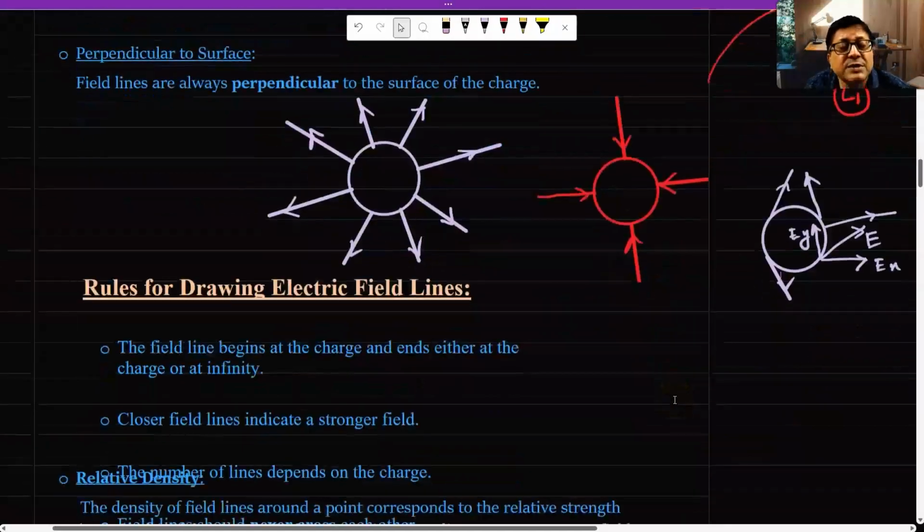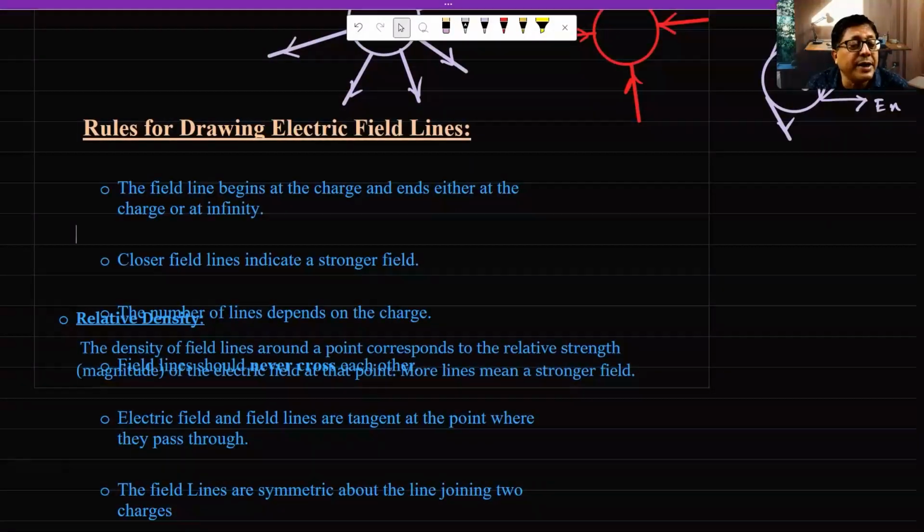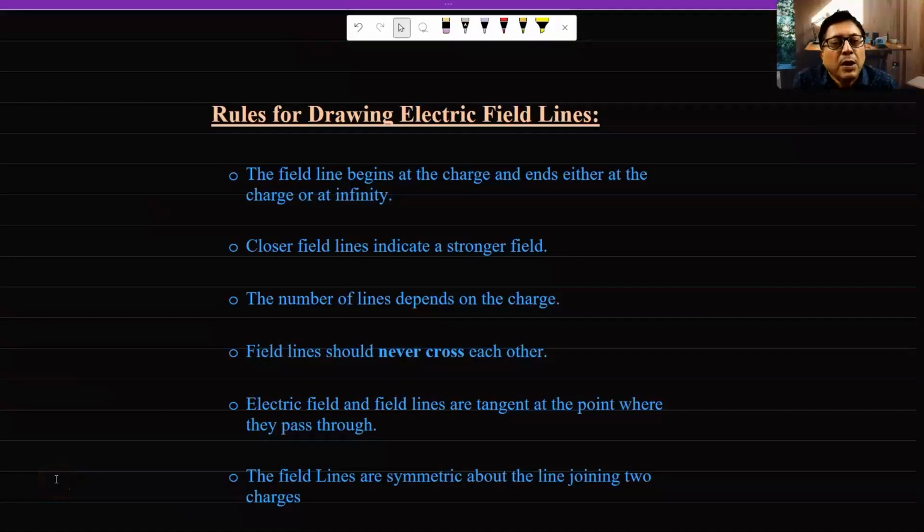From all these discussions, I am going to tell you the rules of drawing electric field lines. Whatever I have discussed with you, based on this, I will be telling you the rules for drawing electric field lines. A field line begins at a charge and ends either at a charge or at infinity.